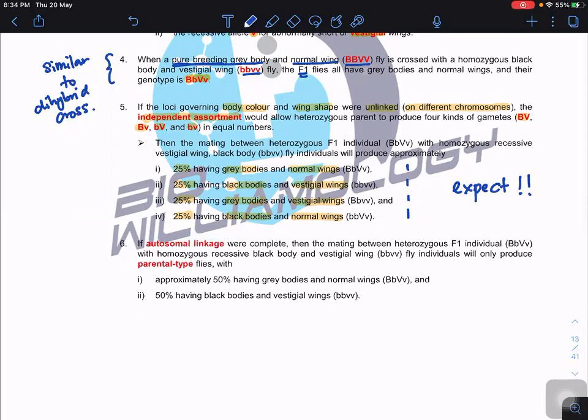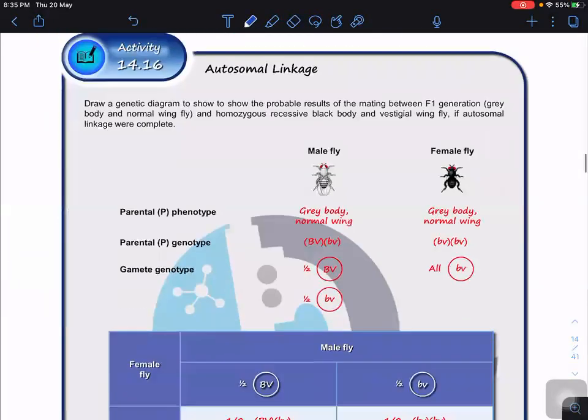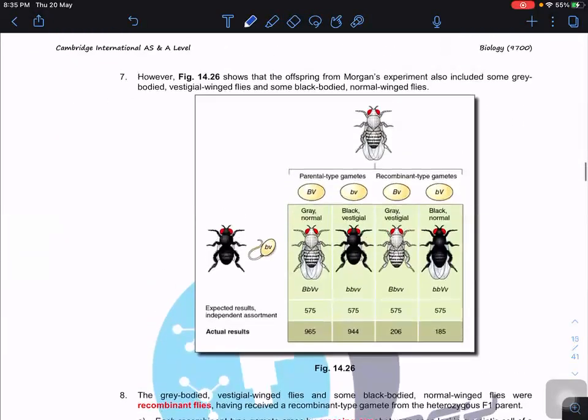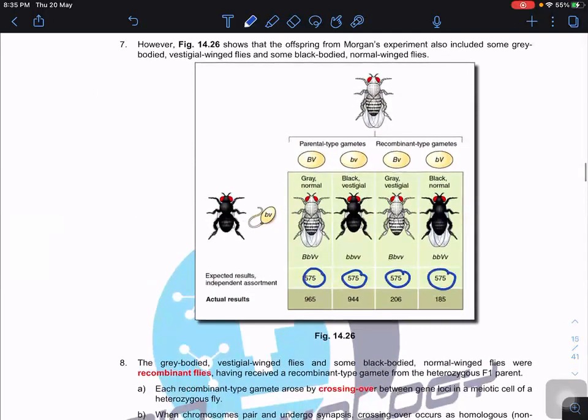So what does Morgan actually get? Morgan actually gets this. You look at this, the expected ratio here is 1 to 1 to 1 to 1, but Morgan's actual result shows a totally different ratio, because you can see that in Morgan's experiment, gray body normal wing and black body short wing are in high number, 965 to 944.